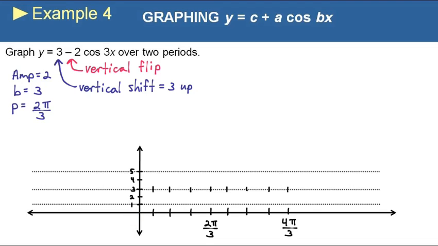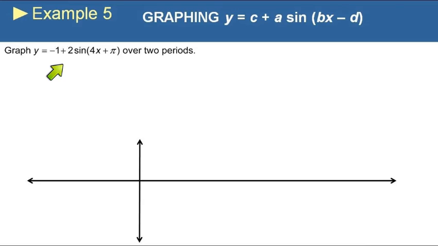I'll put a dot low, then middle for the next quarter, then high, then middle, low. And our second cycle is going to follow the same pattern, so low, middle, high, middle, low. And let's just connect the dots. And that graphs 2 periods of 3 minus 2 cosine 3x.